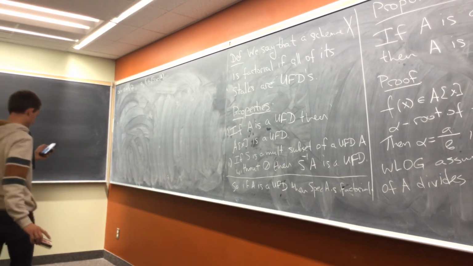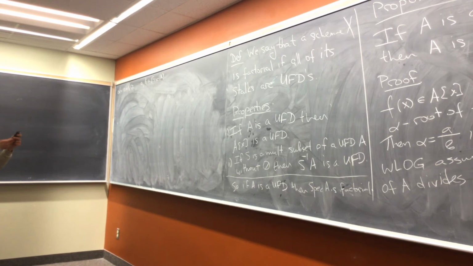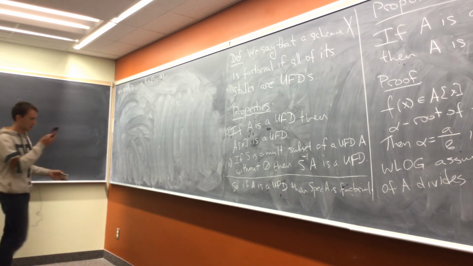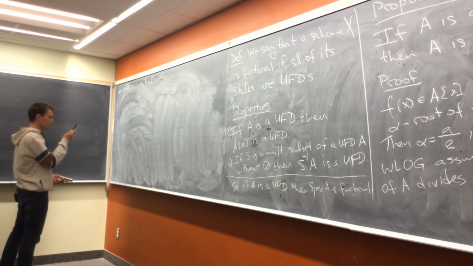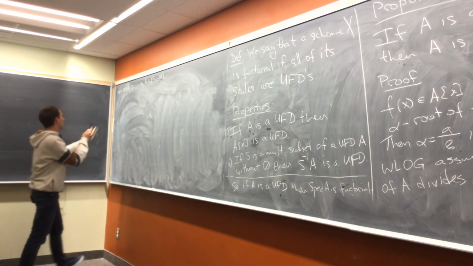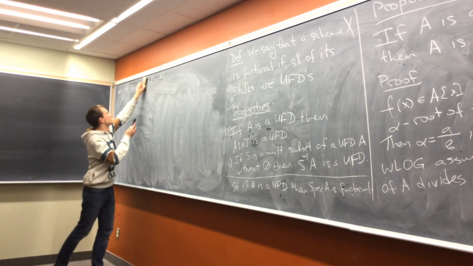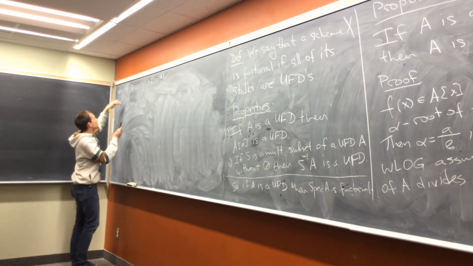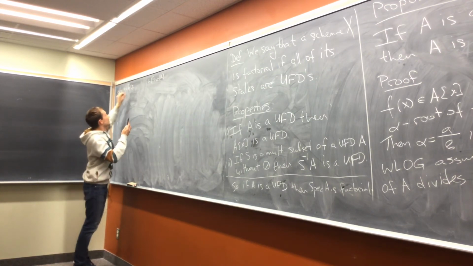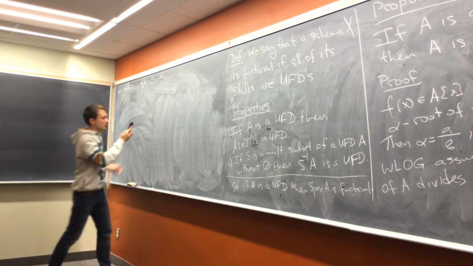So he uses g and h, so let me stick with his notation. So g plus h√z. There's g and h over here.